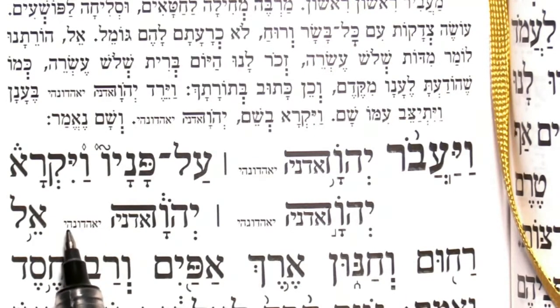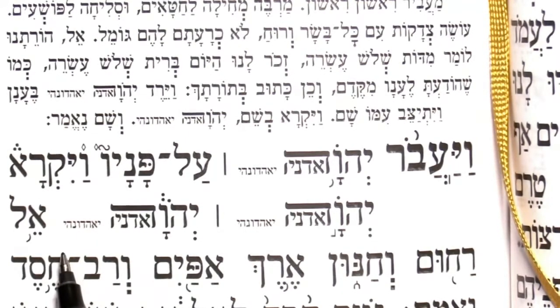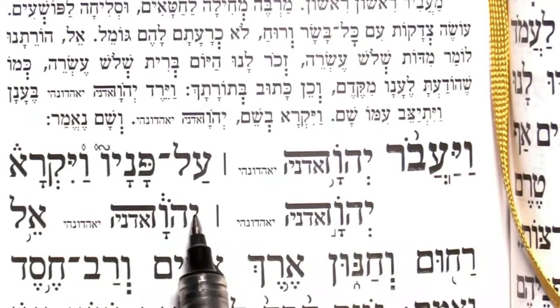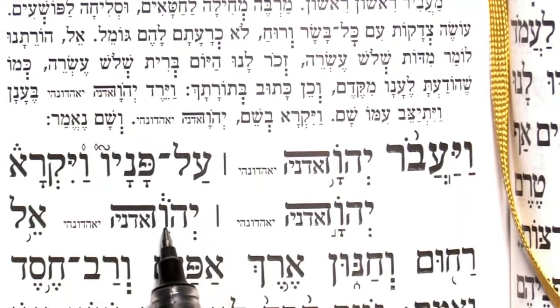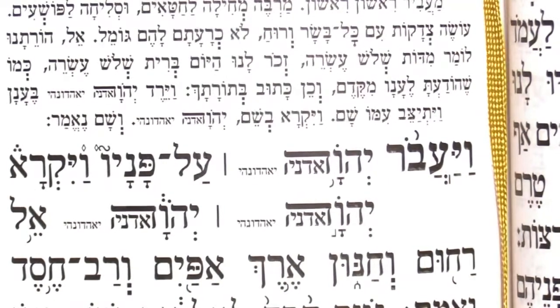And they've shuffled those 4 in between the 4 letters of God's name. Once again, to show that when you say Adonai in this prayer, in this passage, you're referring to the 4-letter holy name of God. Very interesting convention they used in this prayer book.